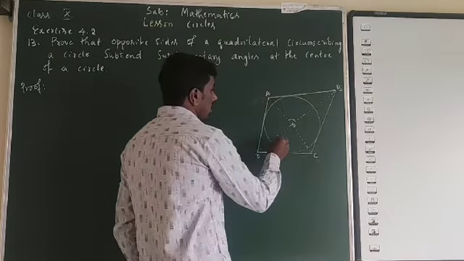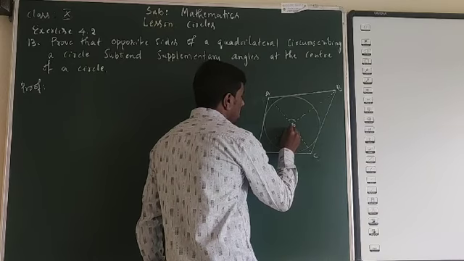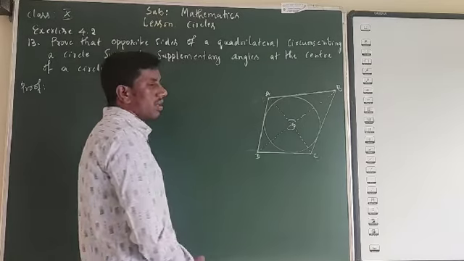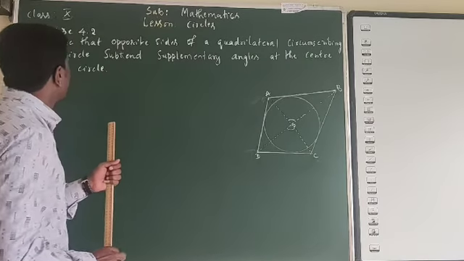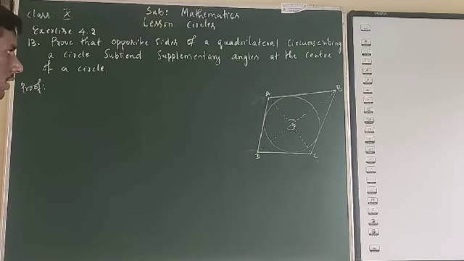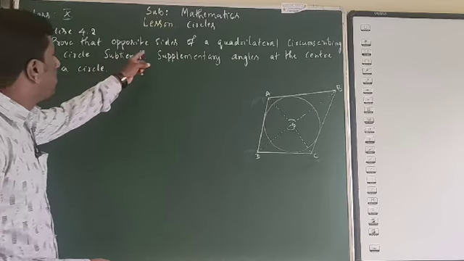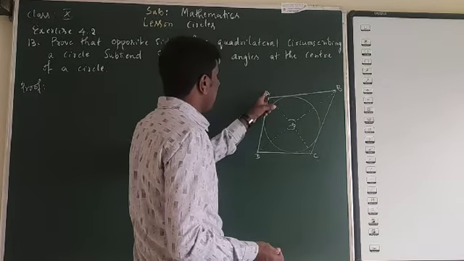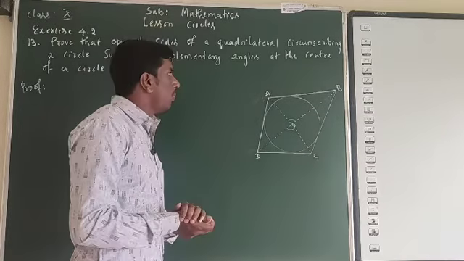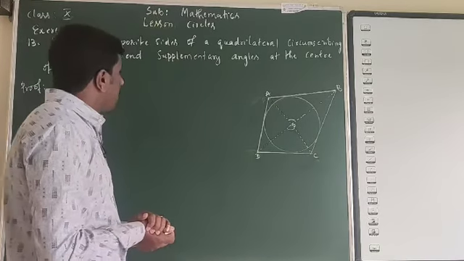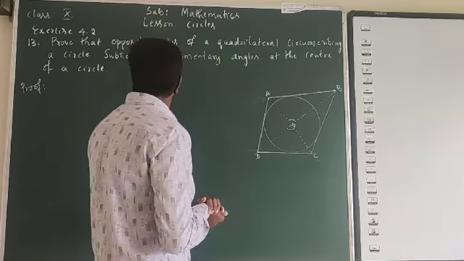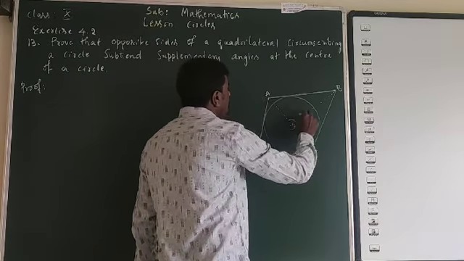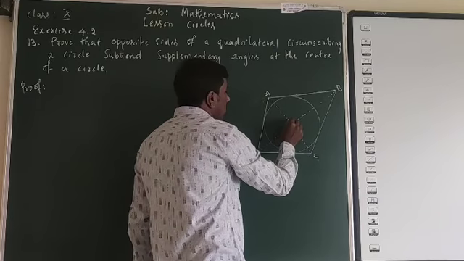So now this is the other angle subtended by the opposite side at the center of the circle. According to the question, we need to prove that opposite sides of a quadrilateral circumscribing a circle, these two being the opposite sides, AB and CD, subtend supplementary angles at the center of the circle.